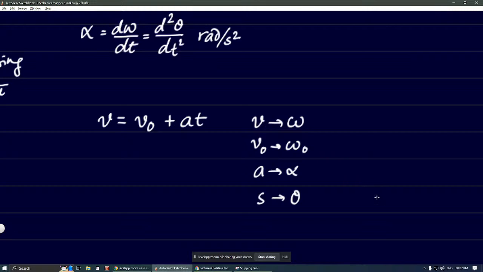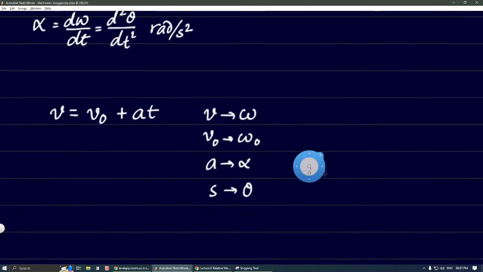Same equations. If the acceleration is constant, these are the three equations. If acceleration is changing, then it becomes a different matter. You cannot use these equations if the acceleration is changing.